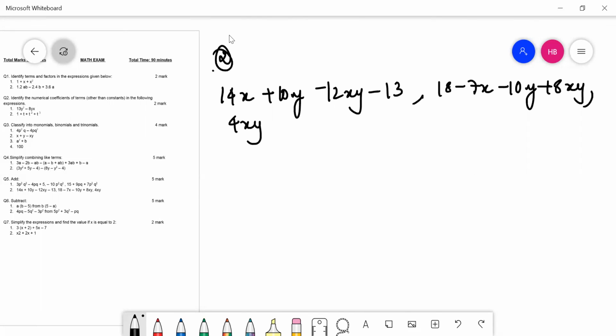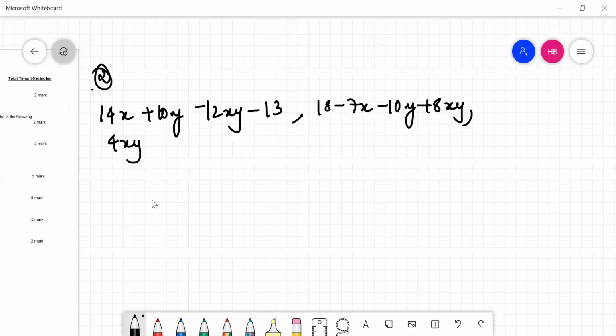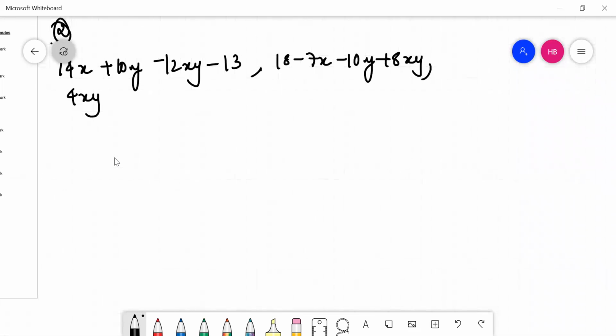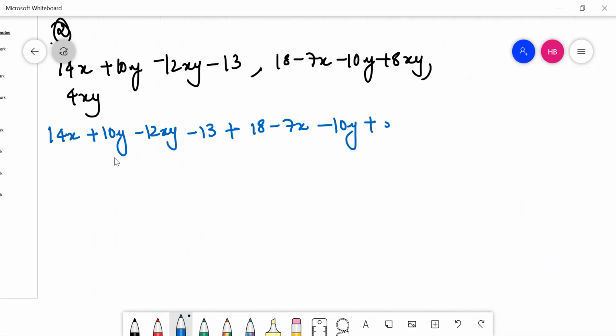So you have to add these expressions. We are going to follow the same steps which we have done in the previous question. First of all, put the addition operator between these three algebraic expressions, which will be 14x plus 10y minus 12xy minus 13 plus 18 minus 7x minus 10y plus 8xy plus 4xy.